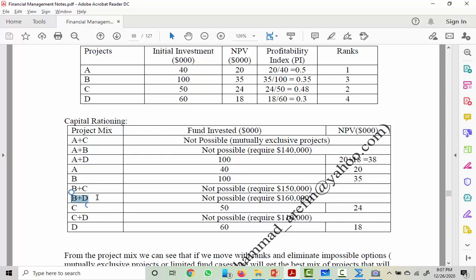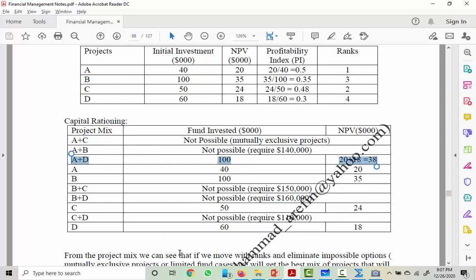You don't have more than $100,000. Can you invest in project B and D? Not possible because you will need $160,000 in that case. Can you invest in only project C? Yes, we can. In that case, the NPV we will get is only $24,000. If you compare all possible project mixes, project A and D will be the best possible allocation.